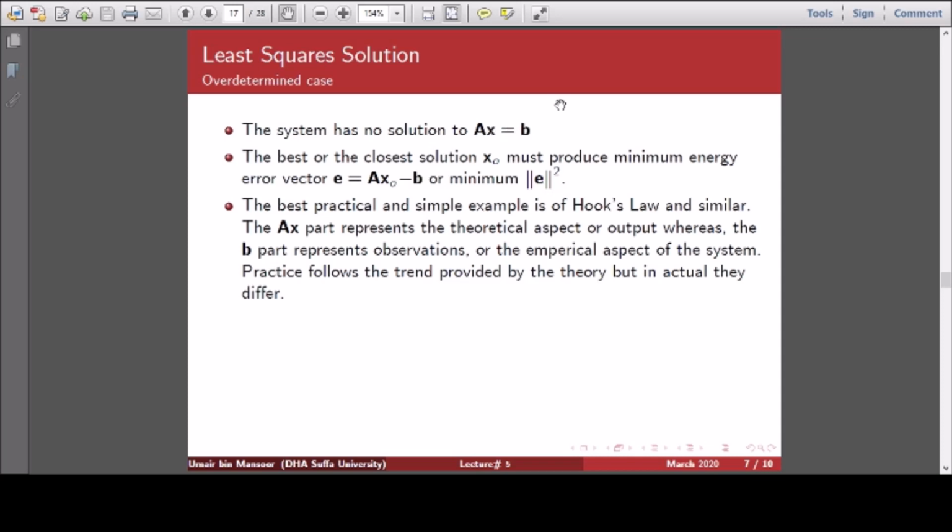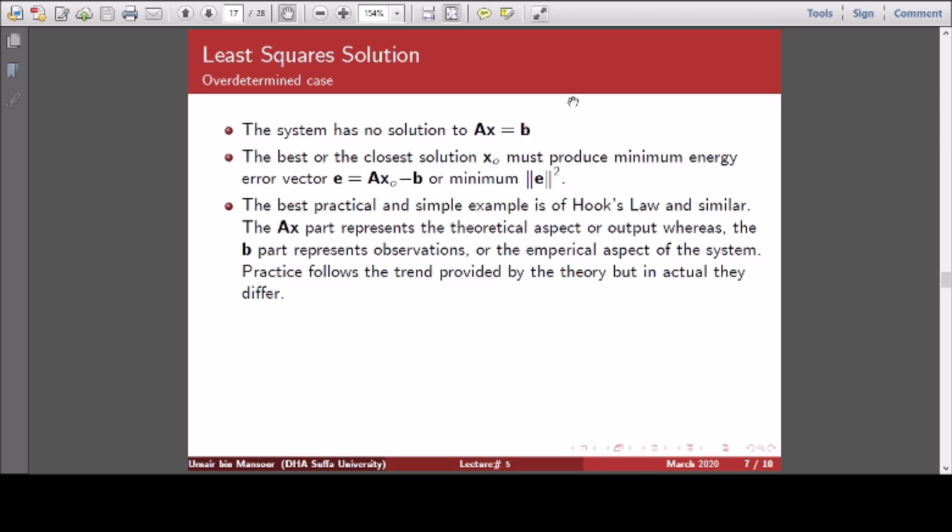So what the least square solution does in this case is to calculate a vector e that has the minimum energy, or the minimum L2 norm.